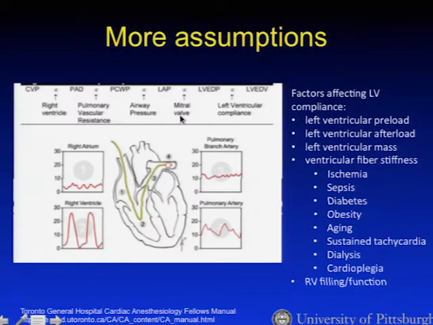airway pressure, mitral valve disease, and then it really falls apart here, where the relationship between left ventricular pressure and volume is not linear. In fact, it's curvilinear in a normal situation, and most of our patients have one or more of these factors influencing the ventricular fiber stiffness and thereby the pressure-volume relationship of the left ventricle.